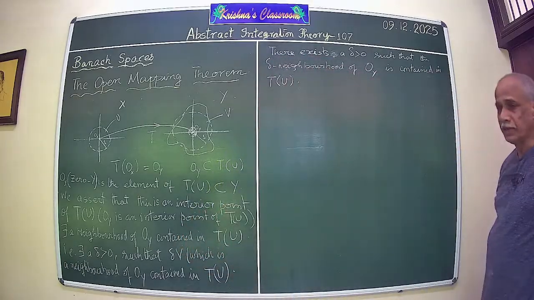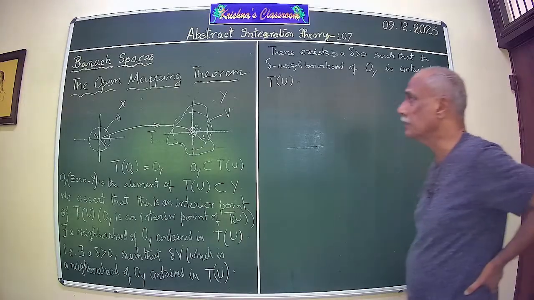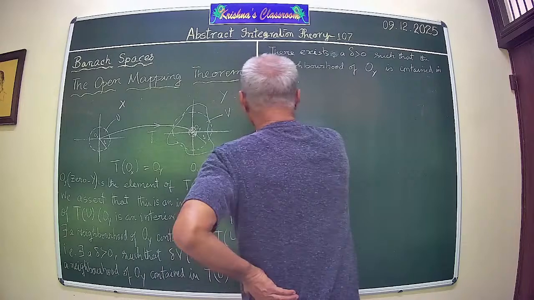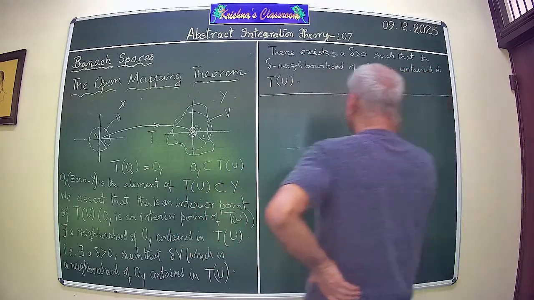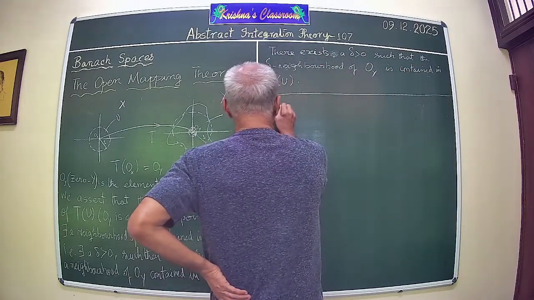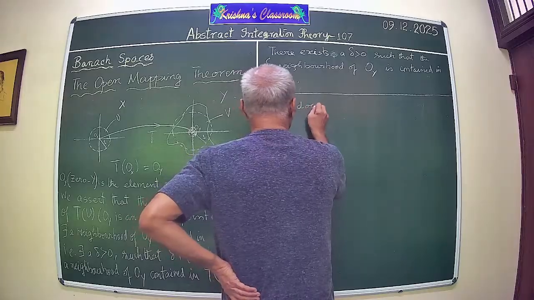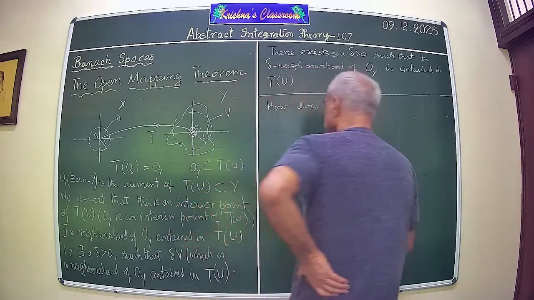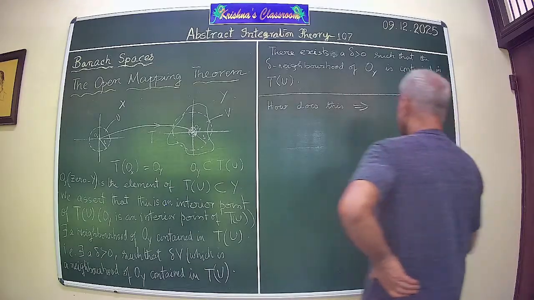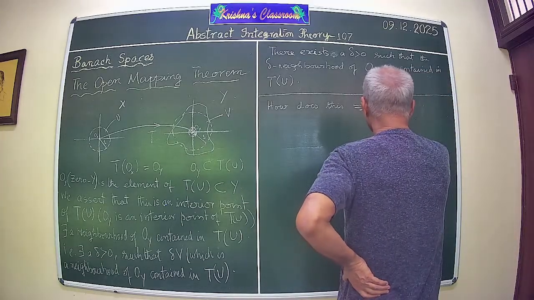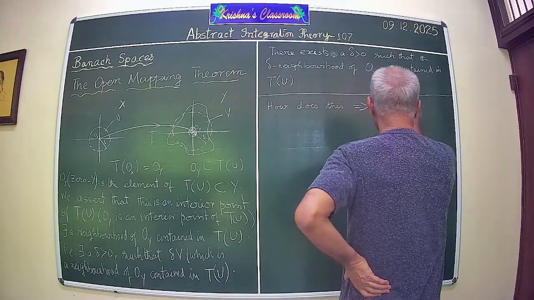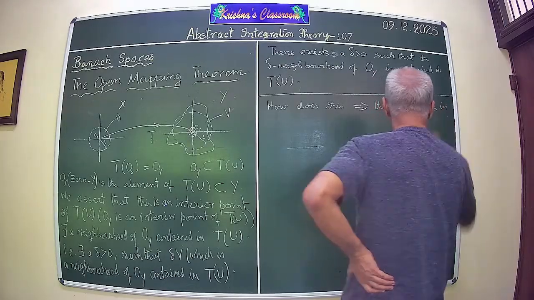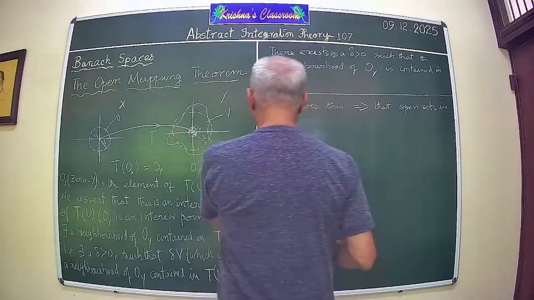This is what we prove and call the open mapping theorem. So we shall ask, how does this imply that open sets are mapped to open sets?